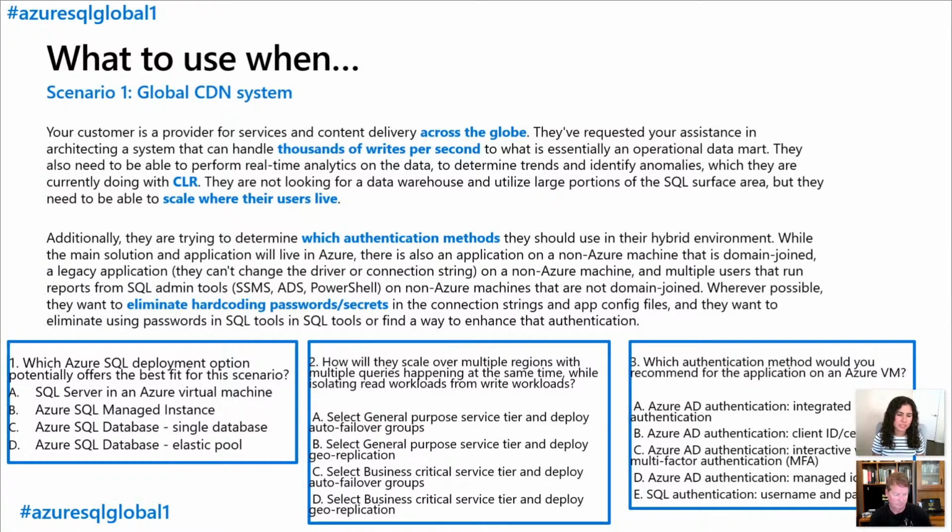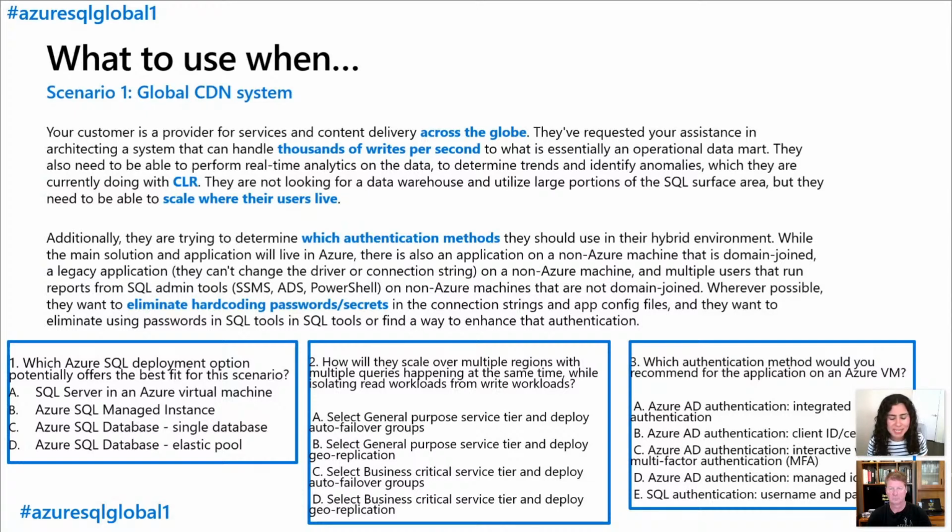Cool. Awesome. So let's just talk a little bit about what these questions are, and then if we have any questions coming in from any of our streaming platforms, we'll talk about some of those too. Like Bob mentioned, this first question is really going to be your what to use when. So which deployment option of Azure SQL is going to be best for this scenario? The second question really gets into some of the things we talked about in Module 5 around availability.